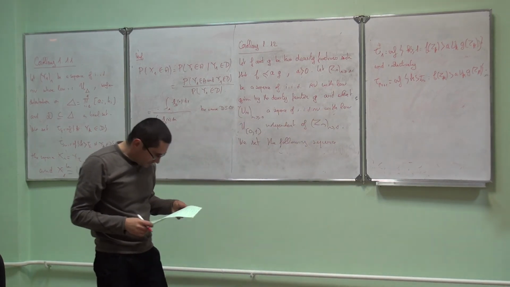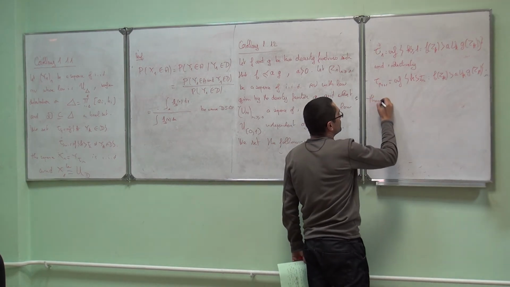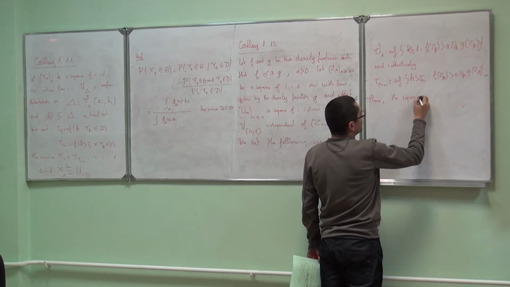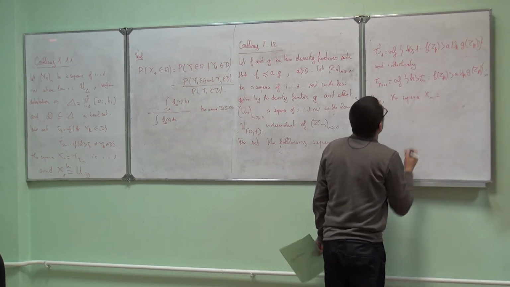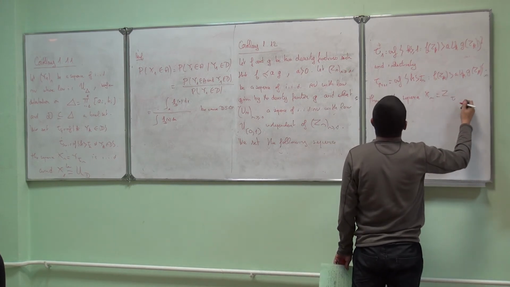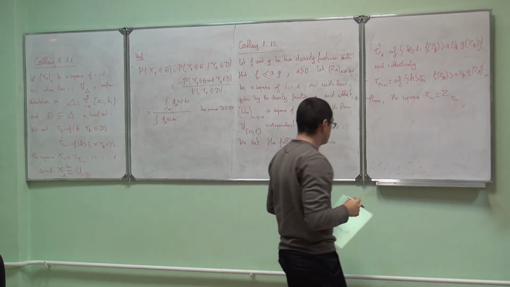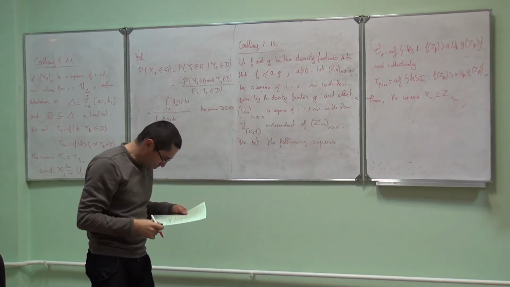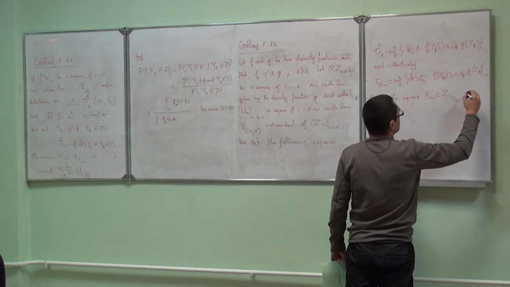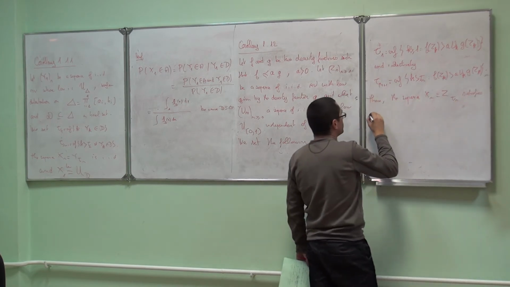From there, we define the sequence xn as precisely z of tau n, and we get that this one satisfies the following property.